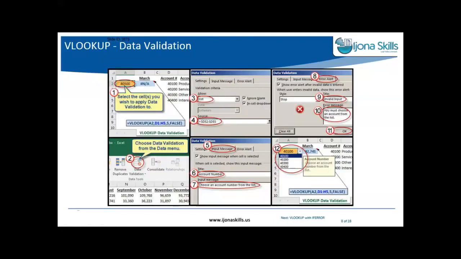That will then bring us to step 3, where we'll be inside the data validation dialog box. And so step 3 there, we're going to choose a list. Inside the data validation dialog box, it defaults to allow any value. That means that you can type anything you want, anywhere you want within an Excel worksheet.